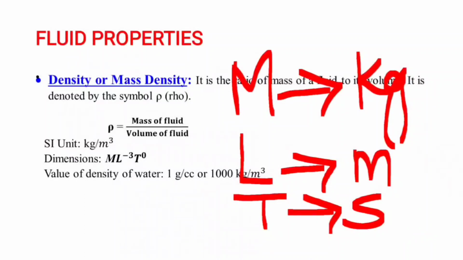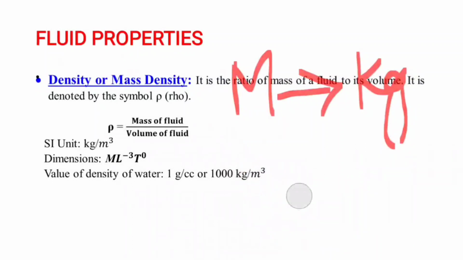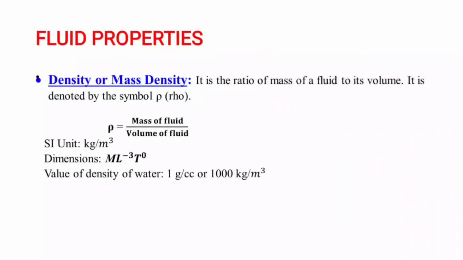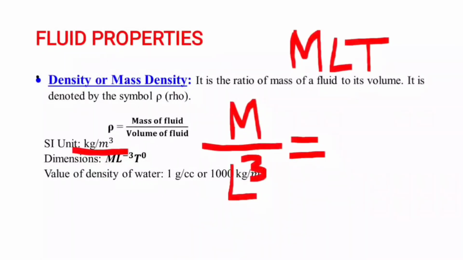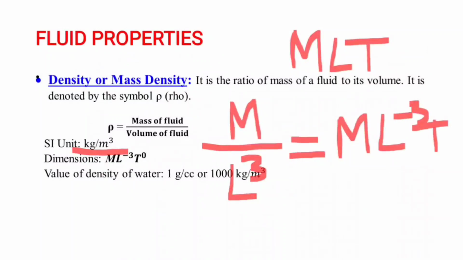So the dimensions for mass density are written as follows. The unit is kg per meter cube, written in dimensions as M by L cube, that is equal to M L power minus 3 T power 0 in MLT form.